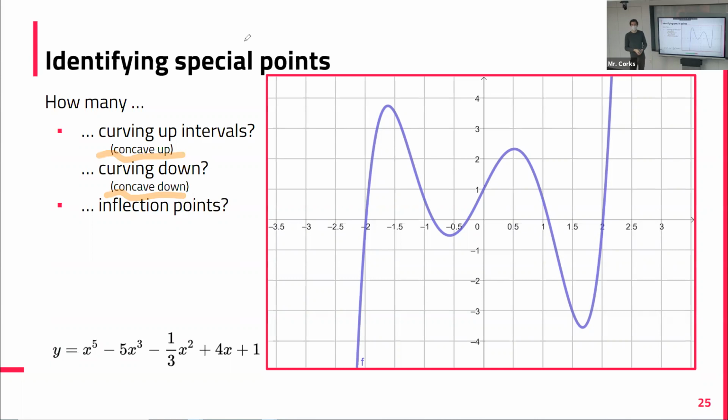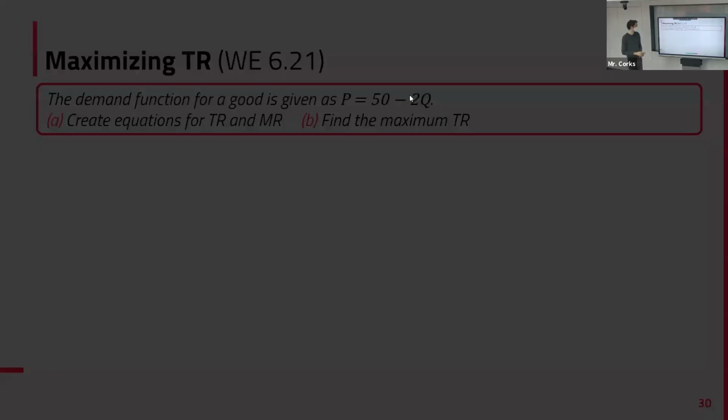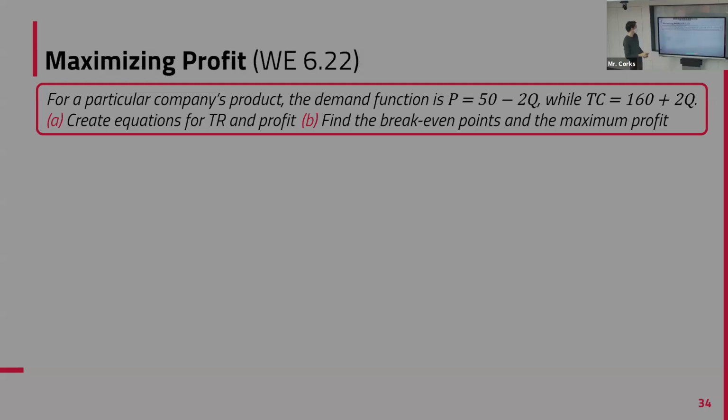Those are the more standard terms. I just think curving up and curving down are a little easier to understand, so I've been using that. But any other book or professor will use the words concave up and concave down, so it might be good to remember those. Okay, I think that was all I wanted to say.